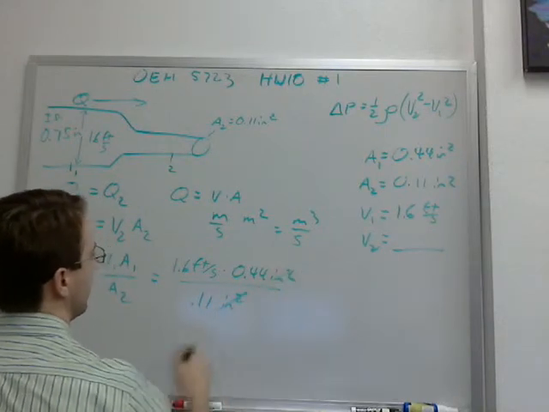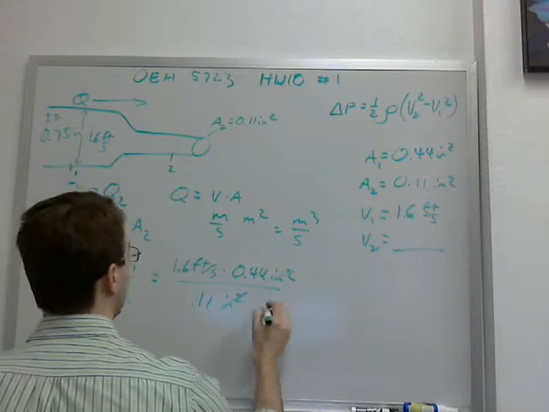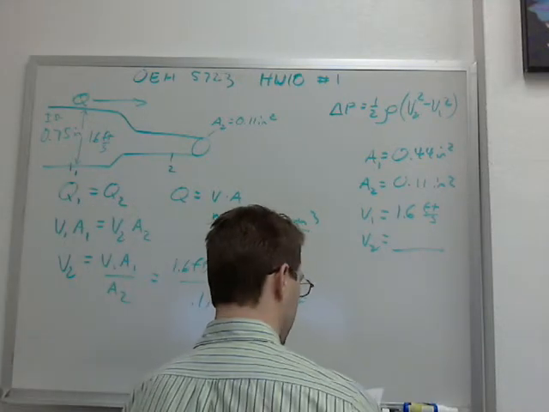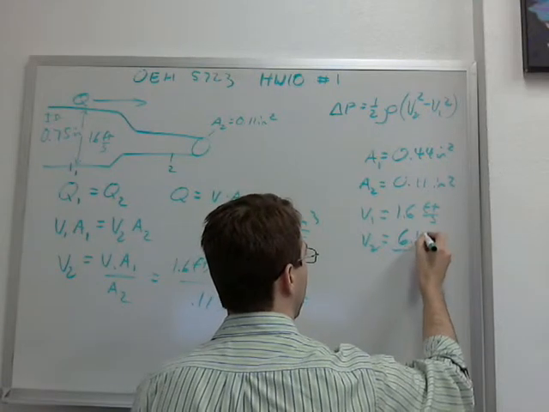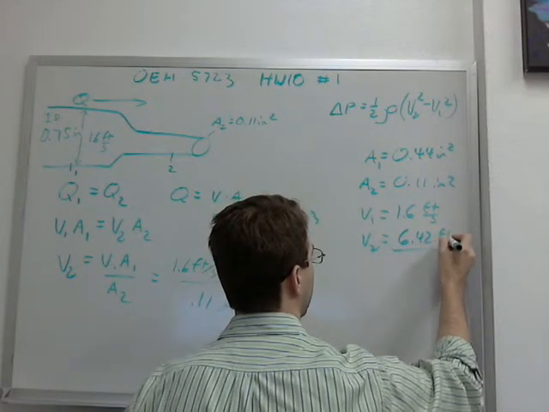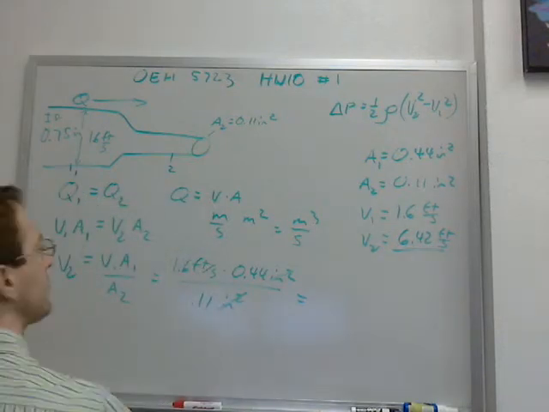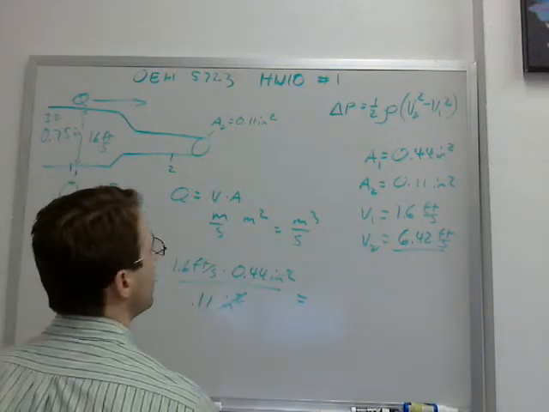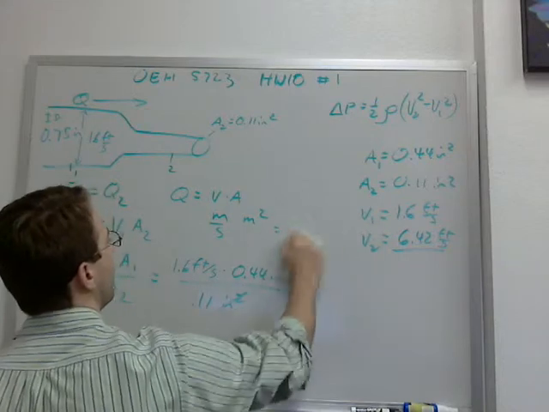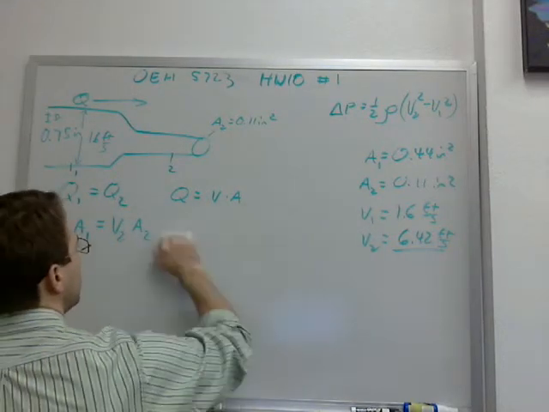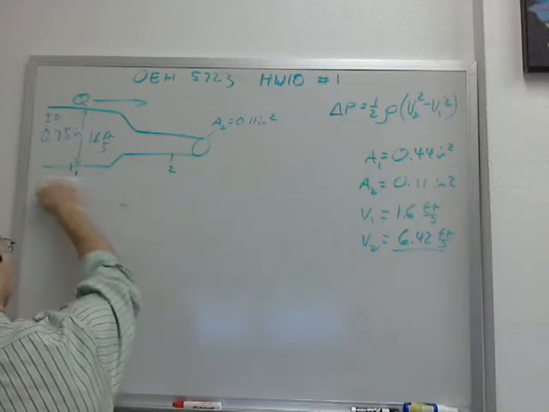So our square inches cancel, and we find out that our V2 is 6.42 feet per second. All right. Now we're ready to just plug into our horizontal flow special case of Bernoulli equation.